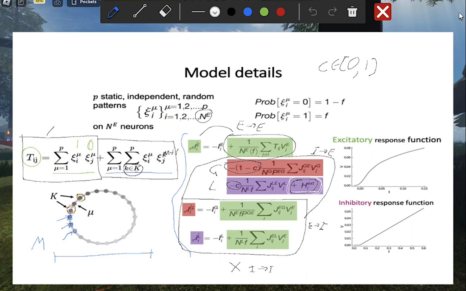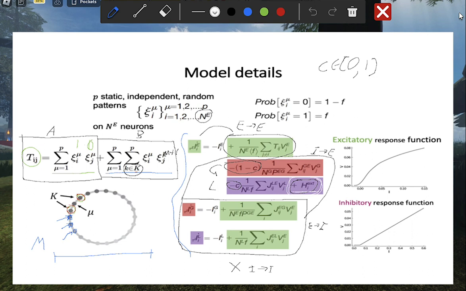Let me denote this first part as A, and the second part as B. The first part, A, has infinite range connections between anything within a particular pattern mu, and it doesn't matter how far away they are.